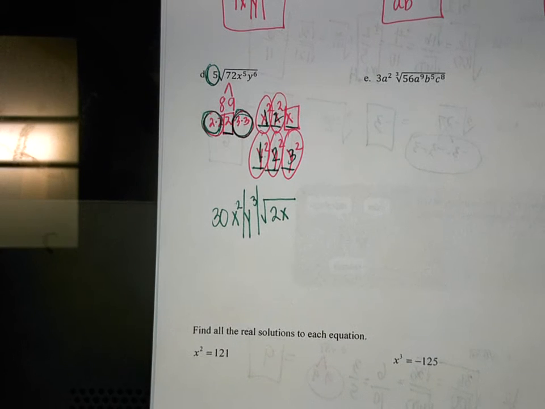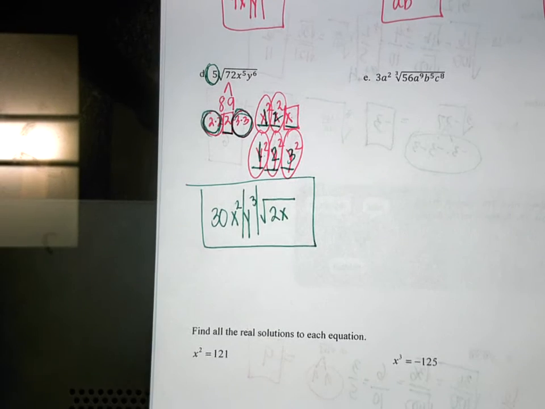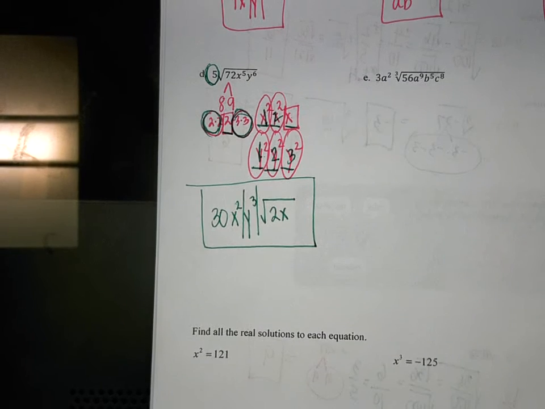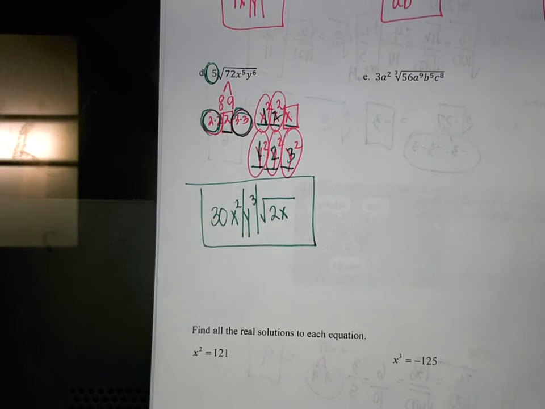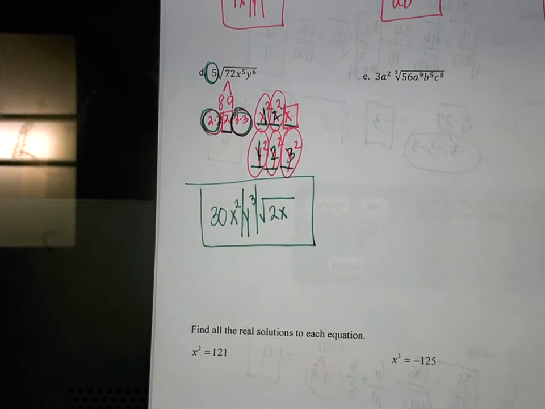If that confuses you, don't worry about it. Just leave your answer without the absolute values. Your test says all real solutions, so it's only dealing with real values, and we don't have to worry about it. Any other questions right now on D?